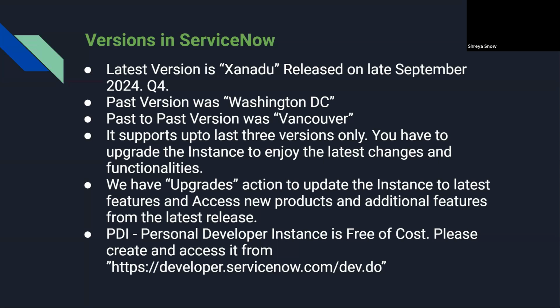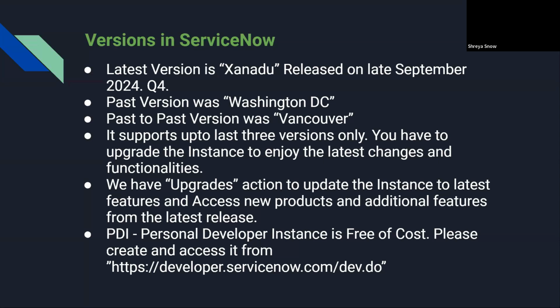Okay, coming to this, we have an upgrade action. What is this upgrade? Like how you can upgrade your instance. Suppose I'm working for 6 years in ServiceNow. The technology was rapidly growing, and the UI interface or the concepts keep on changing. Okay, so usually this upgrade is nothing but upgrading along with the version, as well as upgrading the system itself.